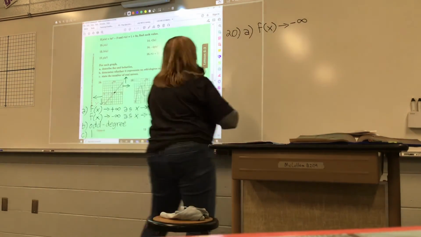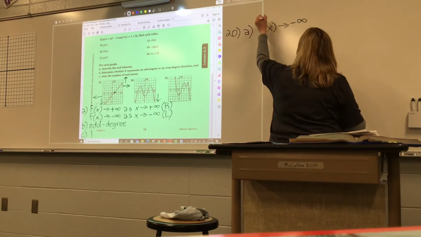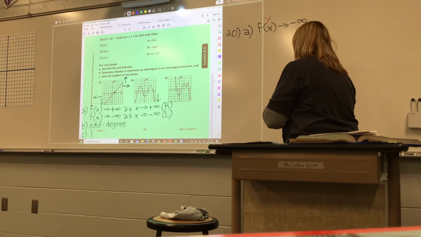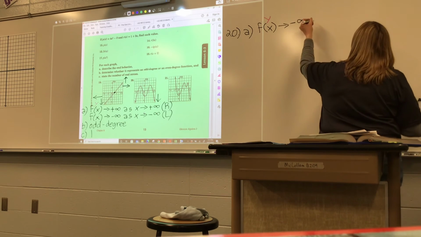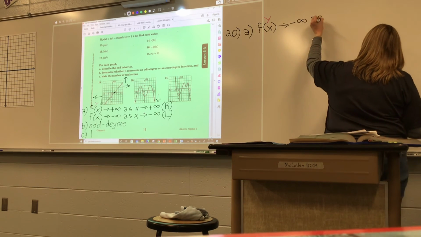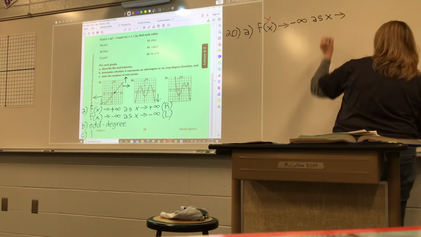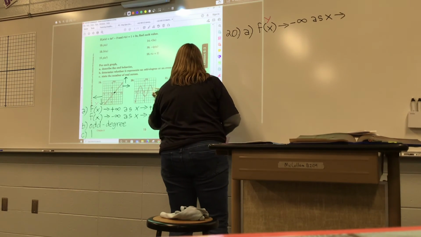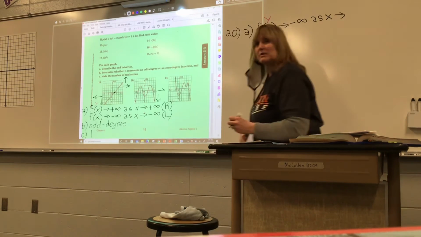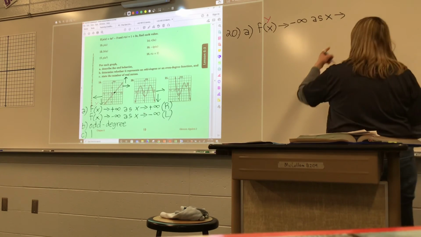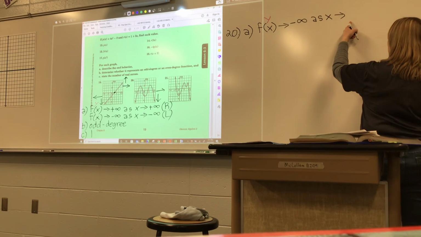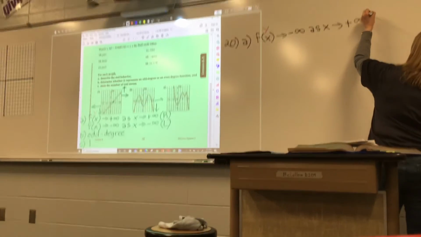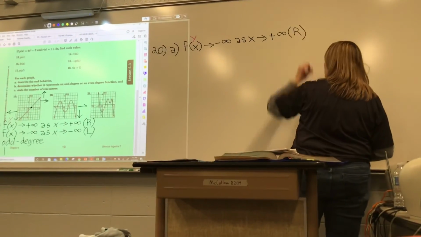And remember, f of x is just another name for y. So it's approaching negative infinity as x is approaching, and you're on the right end. As it's falling down, isn't it going out to the right? Which would mean, is it going towards positive or negative infinity? Positive. And again, that's the right end behavior.